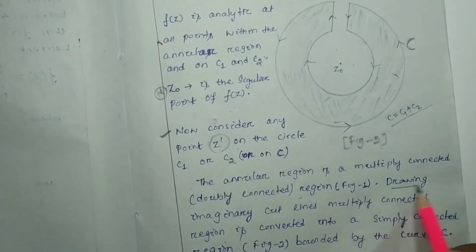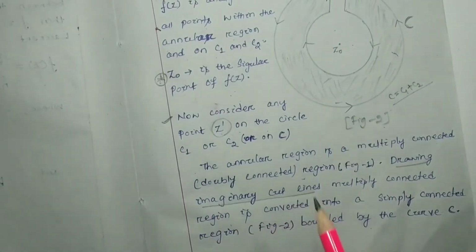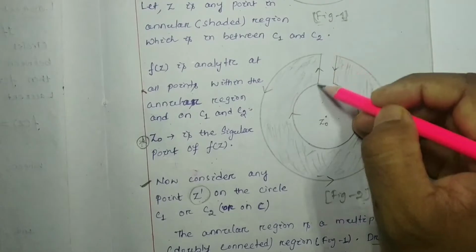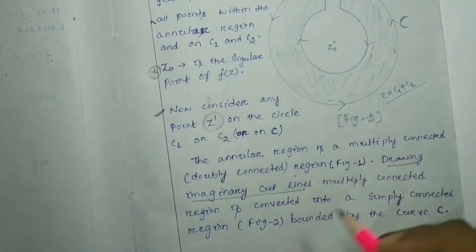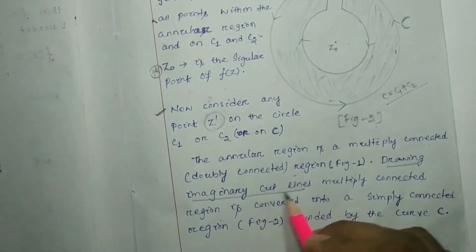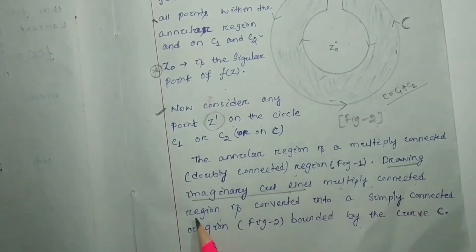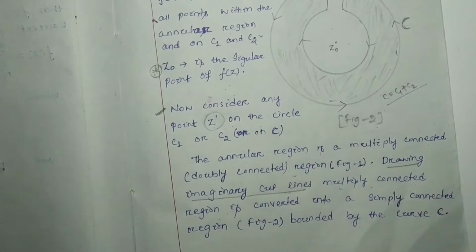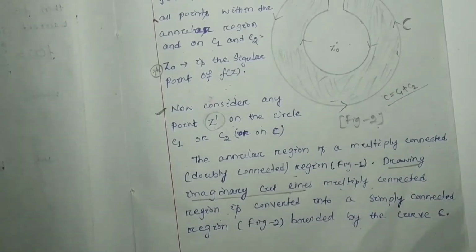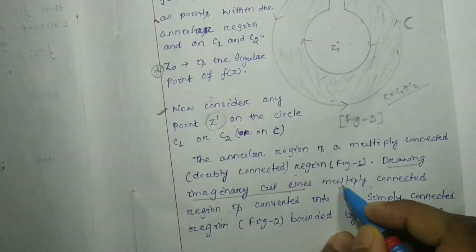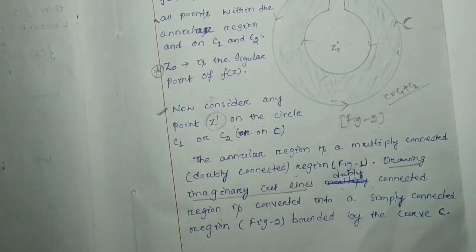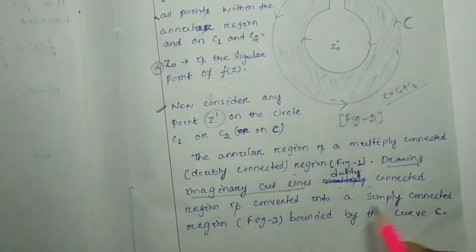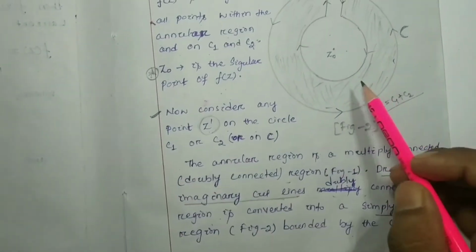Drawing imaginary cut lines, or cross cuts, the doubly connected region is converted into a simply connected region, that is your figure 2, right?